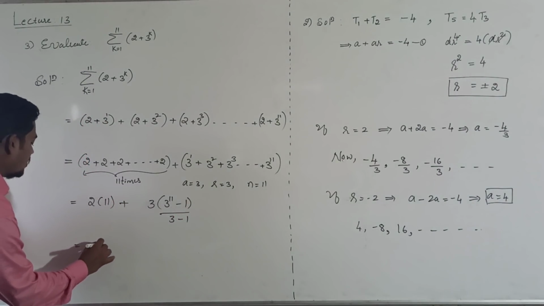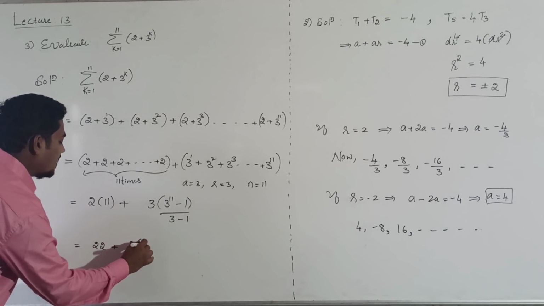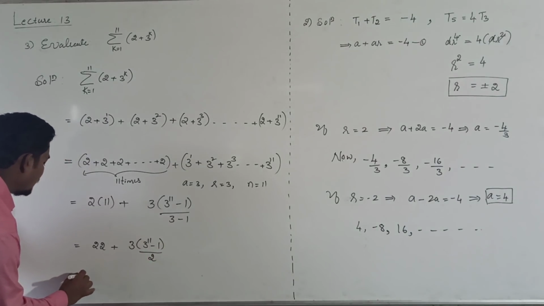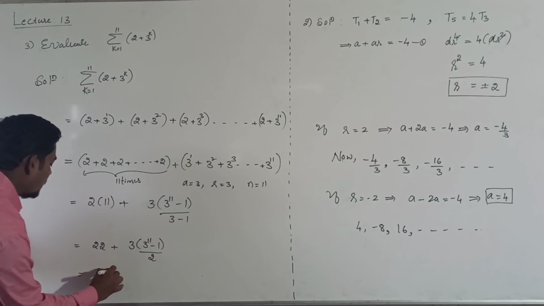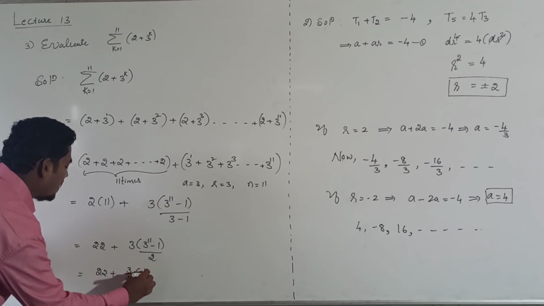Lastly we get 22 plus 3 into 3 power 11 minus 1 divided by 2. This is our required sum: 22 plus 3 by 2 into 3 power 11 minus 1.